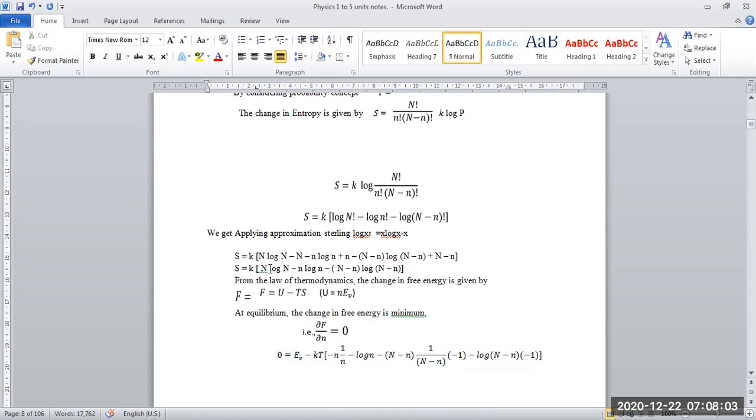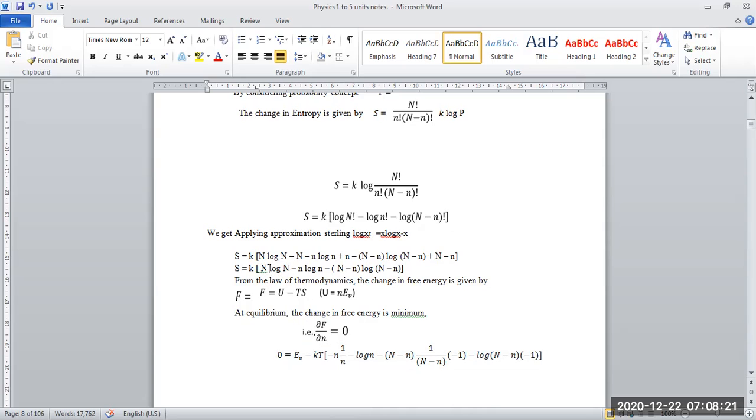So now what is the term here? We are differentiating with respect to small n. The first term is 0. I think everybody is clear with this, because it is capital N and here also capital N, so the entire term will be 0.